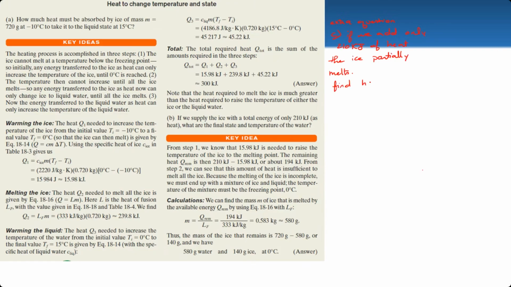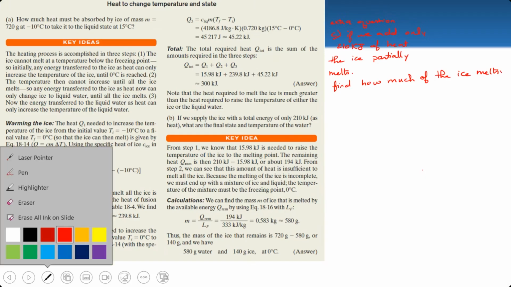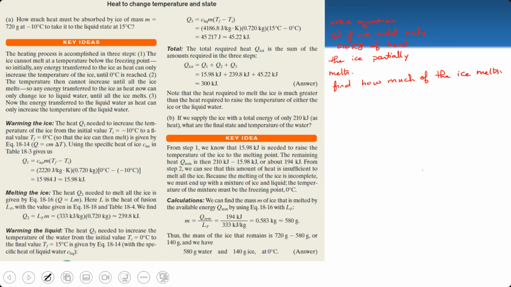Find how much of the ice melts. Because we said there's partial melting, this means that some of the ice will melt. So some of that mass, which was initially 720 grams, will be melting and some will remain as ice. I want to see how much melts.